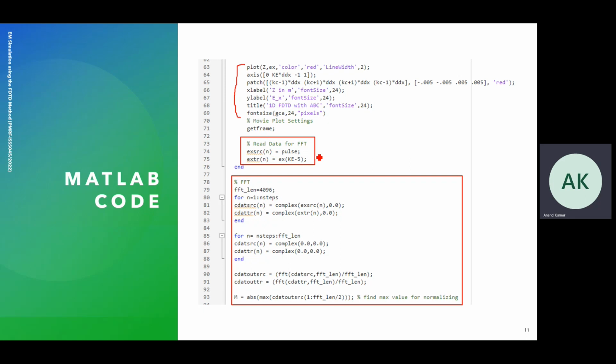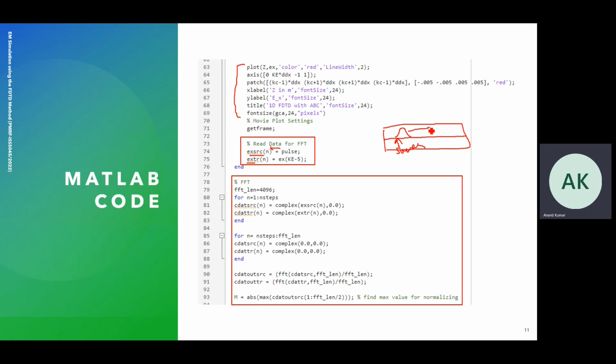Then we move to the important part, calculating the FFT, where we store the values. For example, when we generated the source, the pulse value was updated. Now what we do is store the value kept in pulse in a new vector. So EXSRC and ETR store the values of the pulse and the wave value which is propagating through KE minus 5. For example, if this is our 1D space and this is the window which you see, something is generated at the source over here.